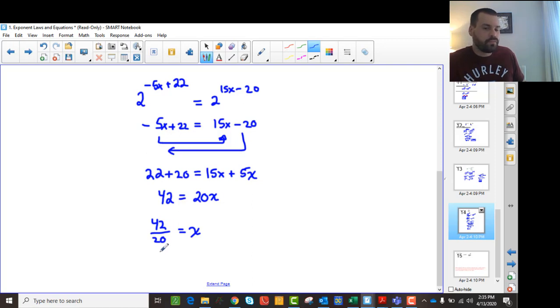Okay, and if we divide them both by 2, first, you'll get 10 on the bottom, and 42 divided by 2 becomes 21. Okay, and then you can leave that as 21 over 10, or you can write it as 2.1.